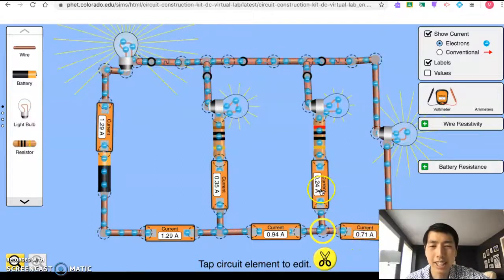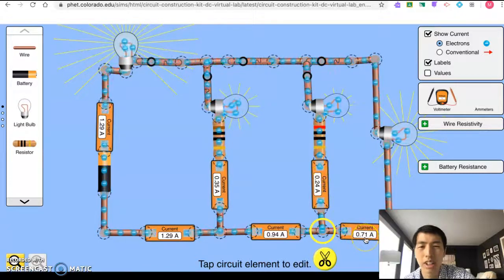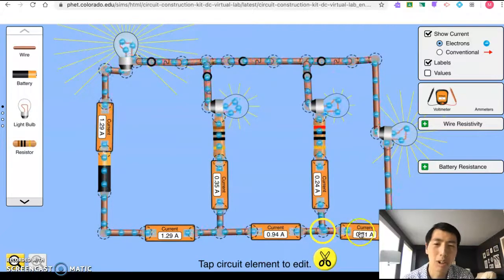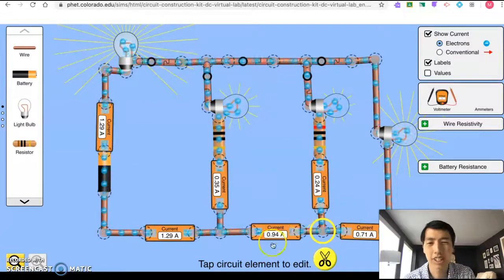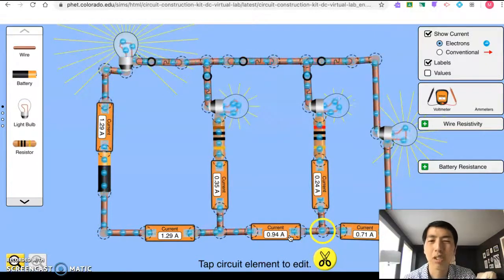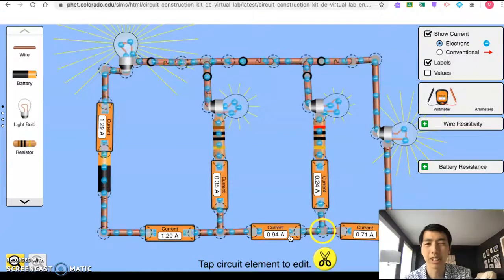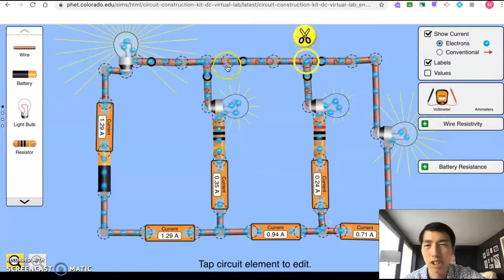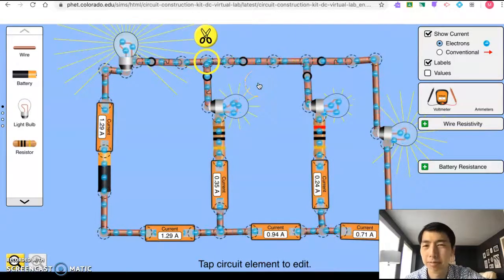So when I add these two together, 0.24 plus 0.71, that equals 0.95. And you'll say, oh, but Mr. Tang, 0.95 is different than 0.94. Well, I'm guessing that it has to do with rounding. It's off by just a little bit. All right, so that's the current rule. I could analyze these two junctions up here as well, but it would be the same. It'd be like a mirror image. So I won't take the time to do that.